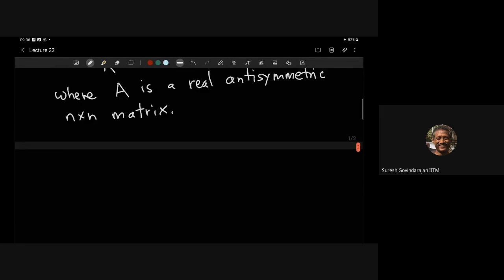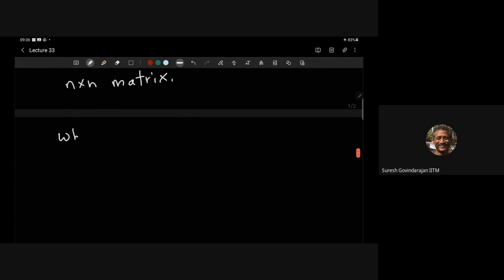So I have to tell you what e to the power of A is, where A could be any matrix, not necessarily antisymmetric. This is the definition. It is the identity plus the summation over m equal to 1 to infinity.